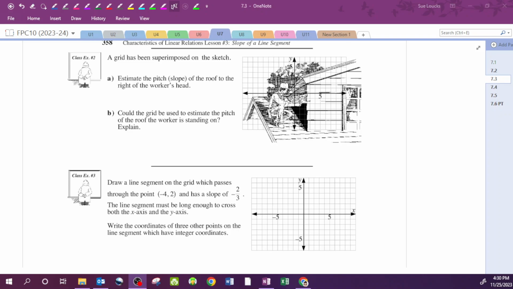It's not a great drawing, honestly, but they tell me that this point right here is on the grid.